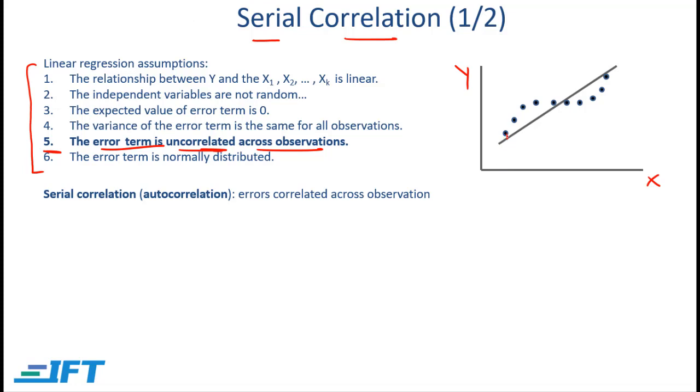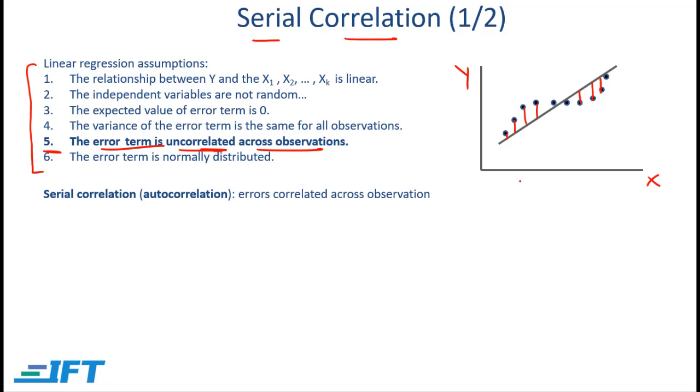The error term here is positive, then it's again positive, then it's again positive. So we have what's called positive serial correlation, because when we see this positive error term, we can predict that the next error term is also going to be positive. Over here we have negative error terms, and when we see these negative error terms, we can predict that the next error term will also be negative.